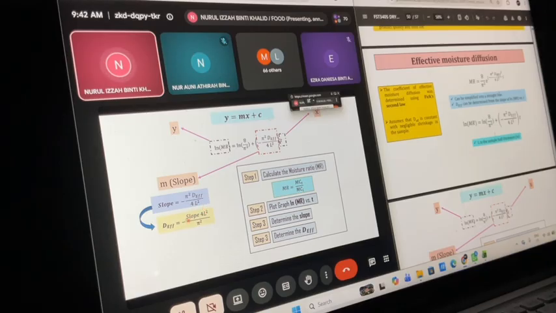If you rearrange this equation, you will get this formula, which is the effective diffusivity equal to the slope that you get from the graph multiplied by 4L squared divided by pi squared. Remember, L squared is the thickness, but remember that you also have to do this in the heat transfer.